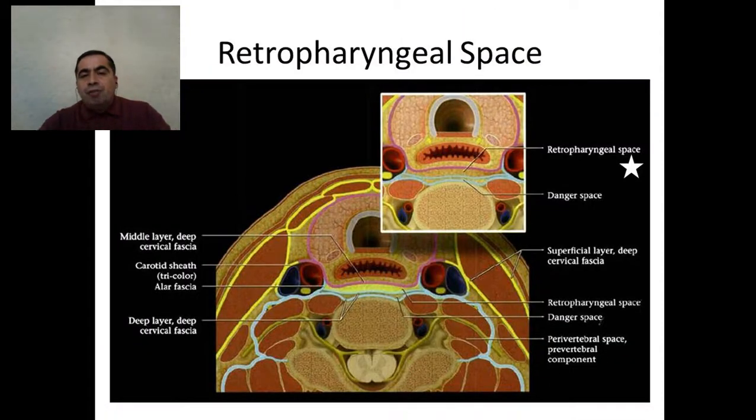And about the retropharyngeal space, it is located between the proper fascia of the neck and the posterior wall of the pharynx.